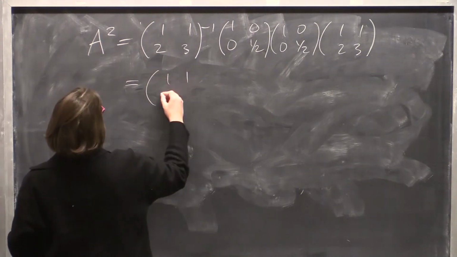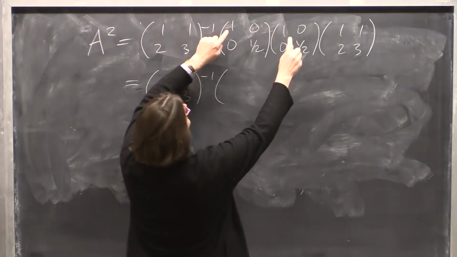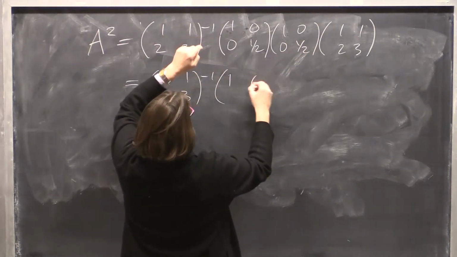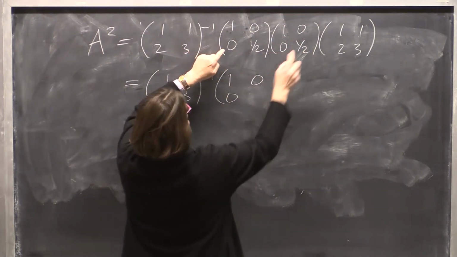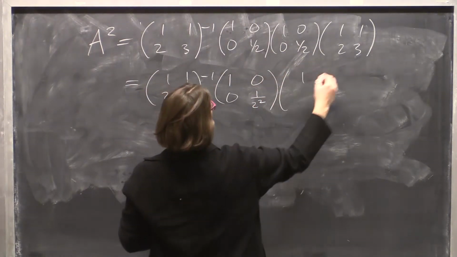Was it really -1/2? It was +1/2. So that's the inverse of (1, 1, 2, 3). I can multiply these: 1 times 0, 1 times 1 plus 0, 0 plus 0, 0 plus 0, 0 plus 1 over 2 squared, times (1, 1, 2, 3).